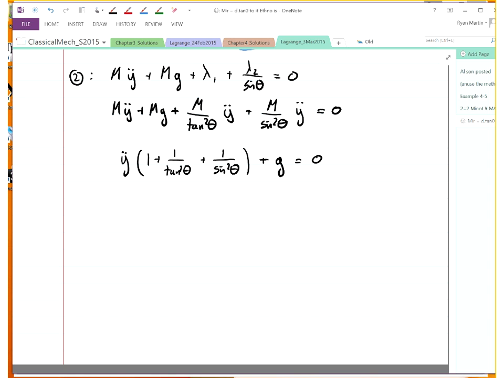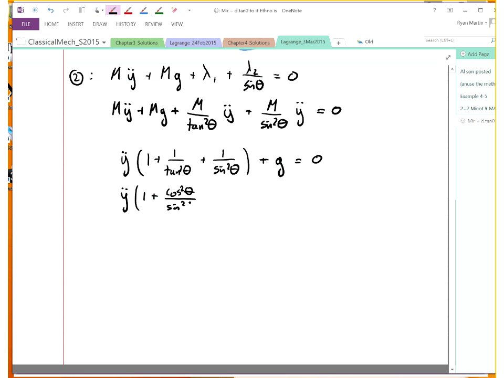Let's push it a bit further so that it becomes prettier and we have a better understanding of what's going on. So we can work with this term in parentheses. So let me write the equations. I have y double dot. I have 1 plus, now I have 1 over tan squared theta. So tan is sine over cos, right?